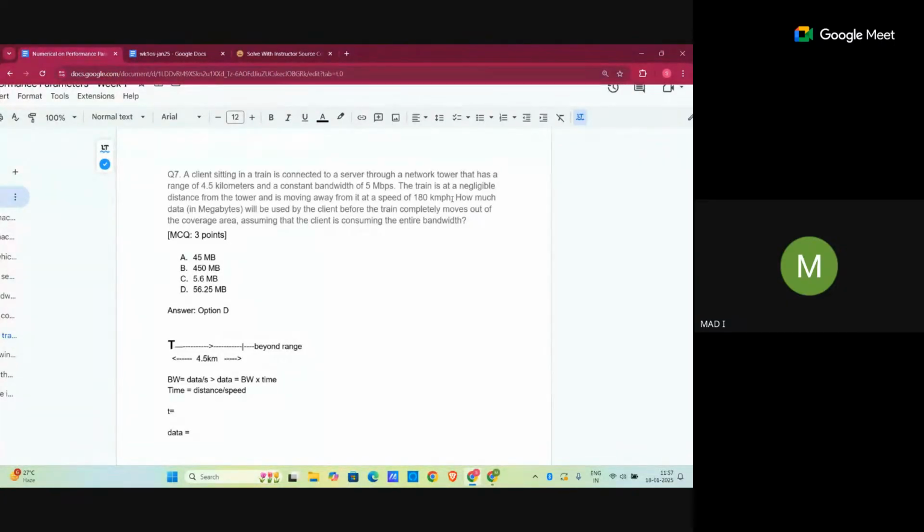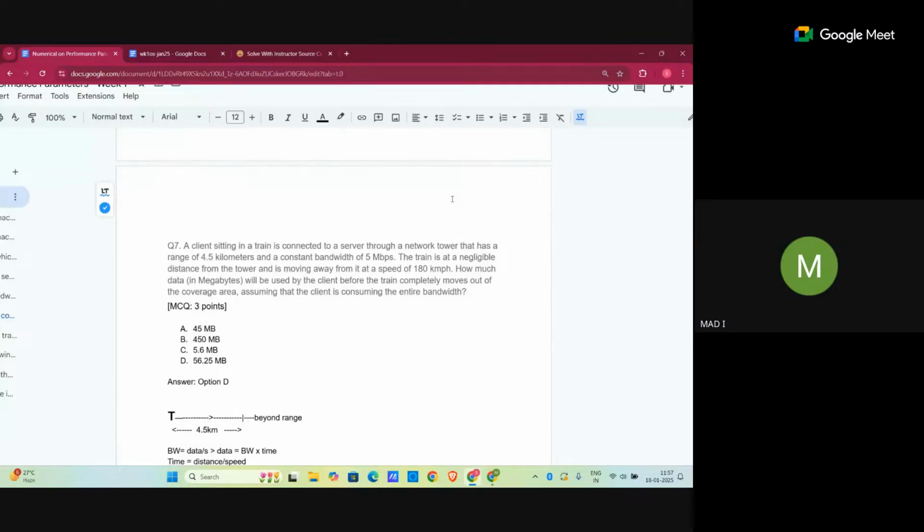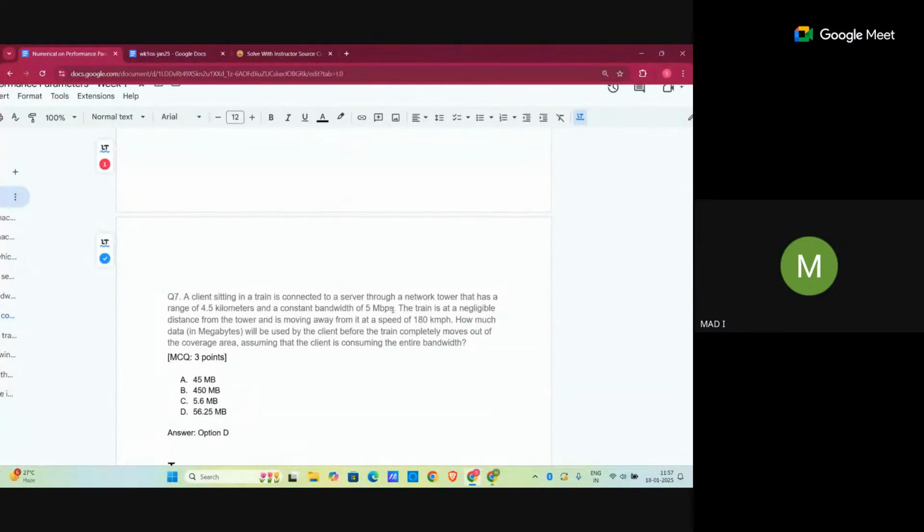Okay, so here these two concepts are used. First thing is speed equals distance by time, from which we will calculate time. And the second concept is bandwidth. Now, there is one more formula for bandwidth. What is the unit for bandwidth? It is megabits per second.